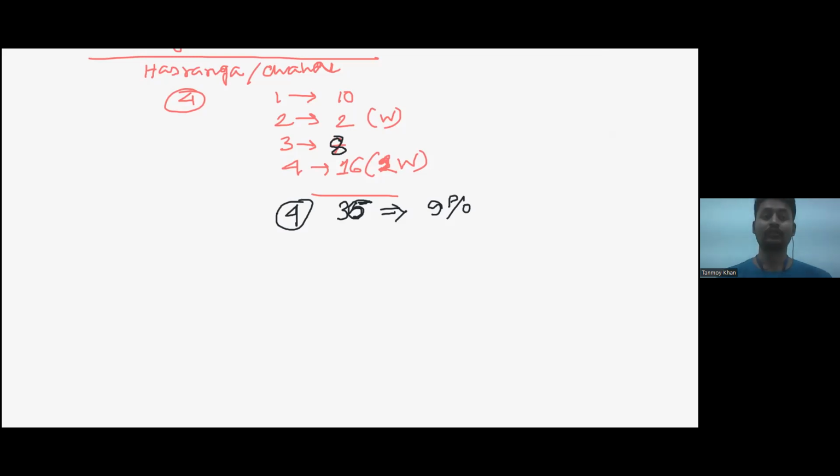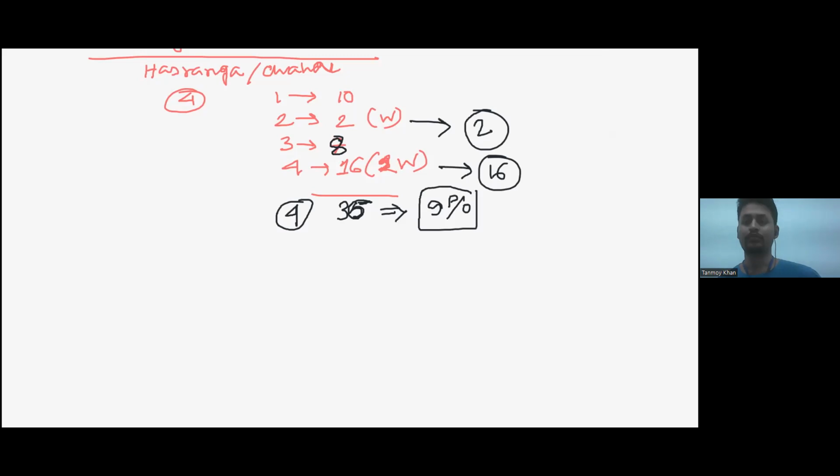But if you think, if somebody asks, 9 runs on average per over, but in the second over he conceded just 2 runs, and in the fourth over he conceded much more, 16 runs. So this average rate is not giving the proper picture.